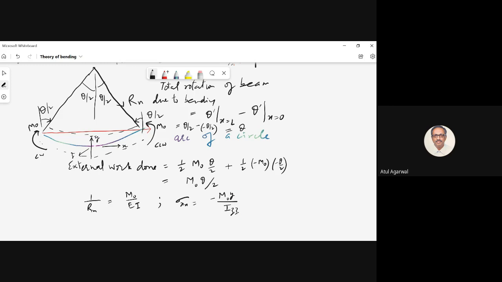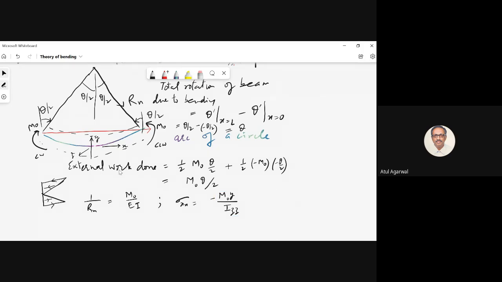If you take the cross section, at the bottom part you have a tensile stress, and at the upper part you have a compressive stress. I'll make it clear later on why we are talking only of the cross sectional plane here. So this stress we derived as this.